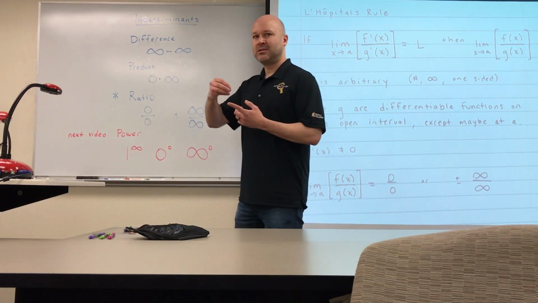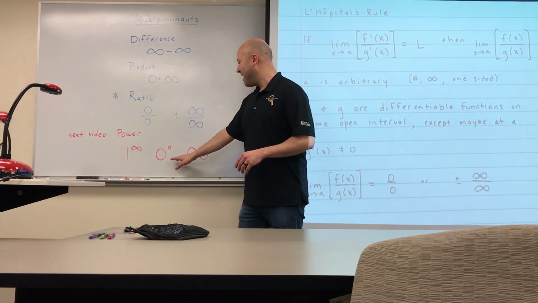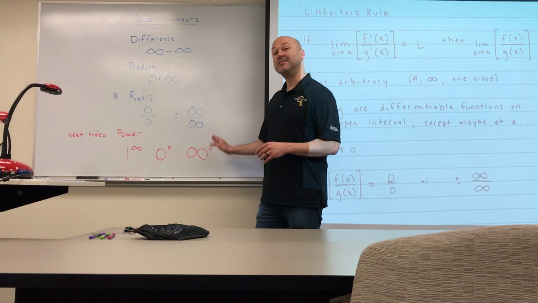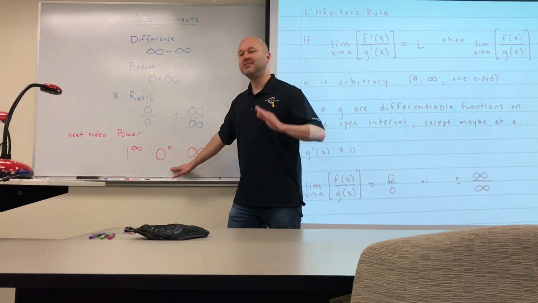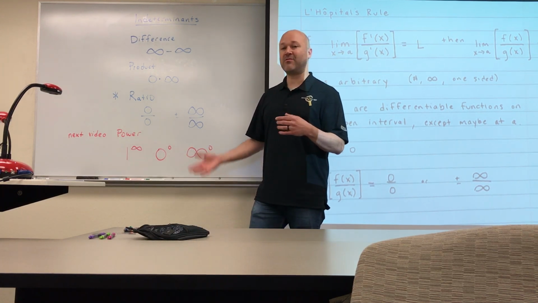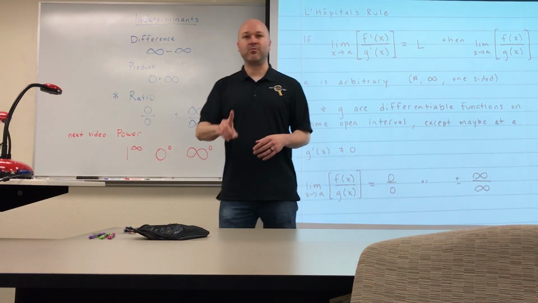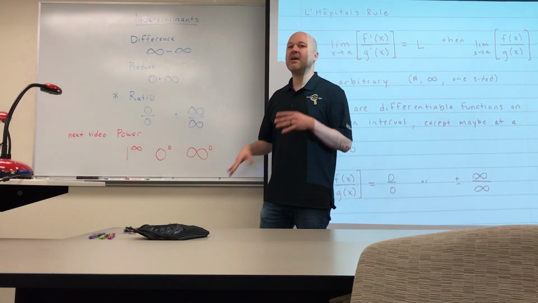But we're talking about 1 to the universe, or some concept of infinity. And then 0 to the 0 power and infinity to the 0 power. We always said any non-zero number raised to the 0 power is 1. So 5 to the 0 power is 1. But as soon as I put a base of 0 or a base of infinity, things change.